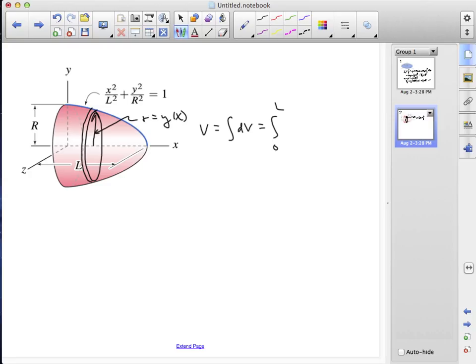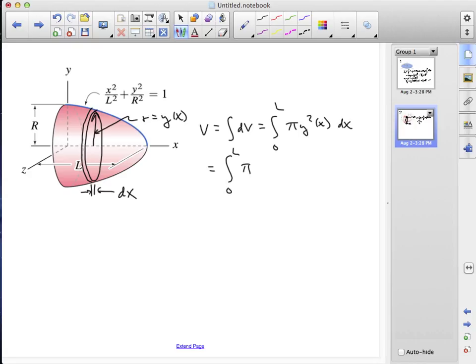The local radius of the disk can be described as a function of x as r equals y of x. And the volume increment is the area of that disk, which is pi r squared, pi y as a function of x squared, times the thickness dx.